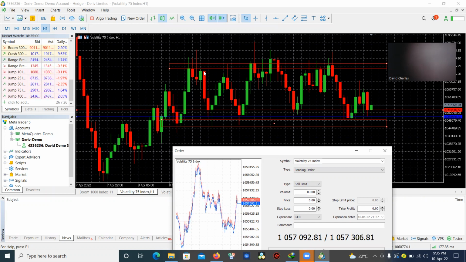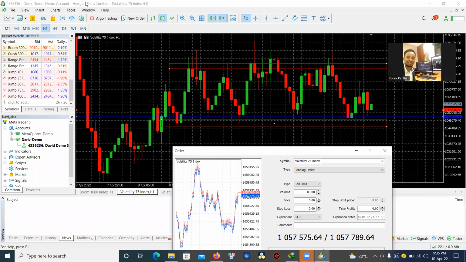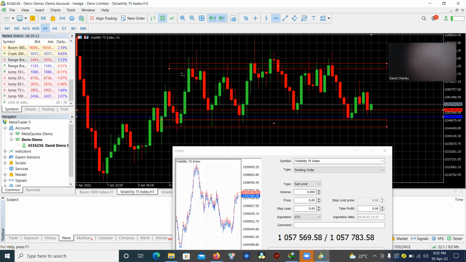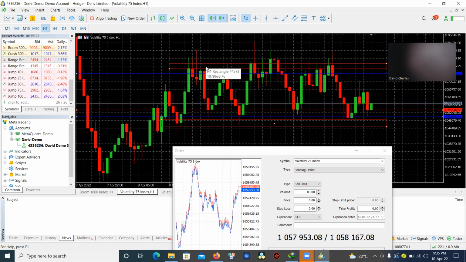You're going to set it in a region where you know very well the candles fall, somewhere like here. Once the bullish movement has ended and the bearish candle starts, once it reaches this point, it triggers.